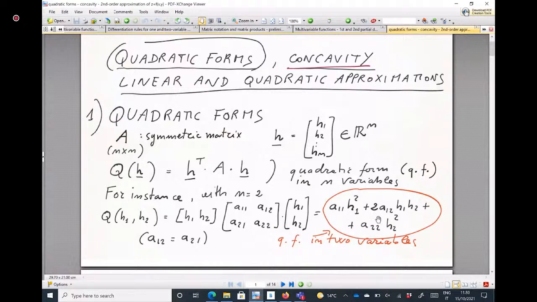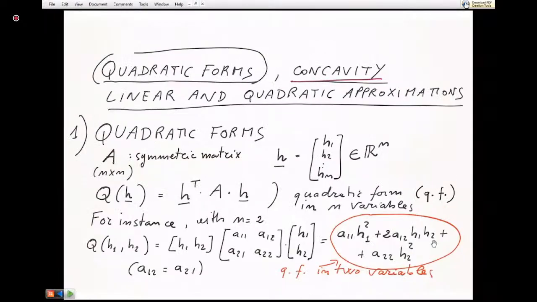This is the explicit, extensive representation, and this is the matrix notation, h transpose times A times h.